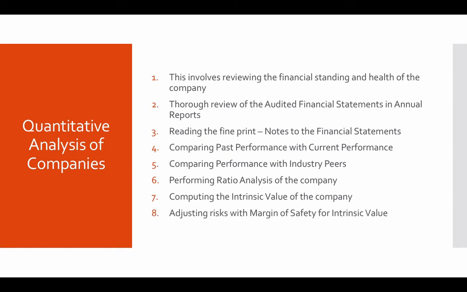Next, what you need to do is adjust any risks that you have seen based on the performance of the company, based on the ratio analysis. Those risks will need to be adjusted with what is known as a margin of safety. So a margin of safety is a concept which has been borrowed from engineering, where the strength of construction used to be judged at a certain rate, and then from that adjustments were made to take care of further potential losses.